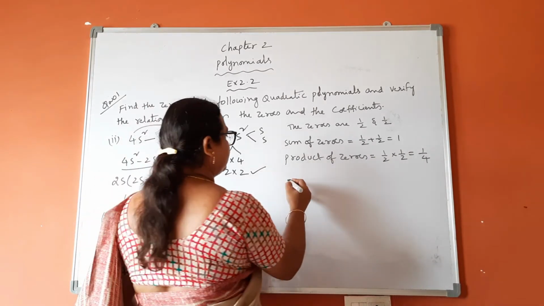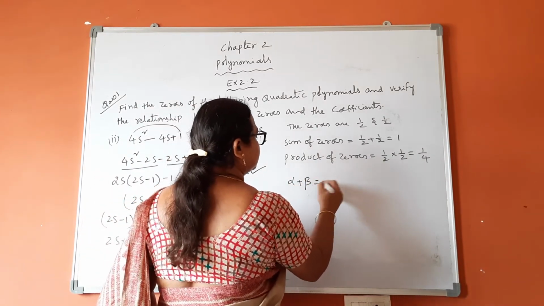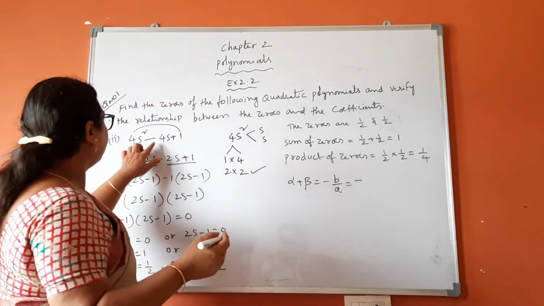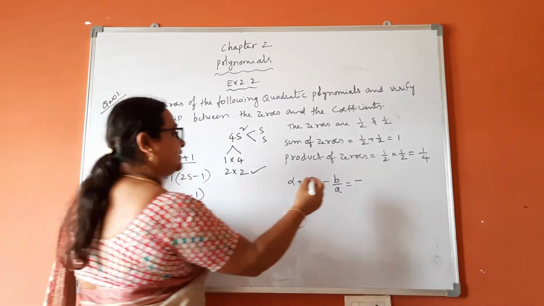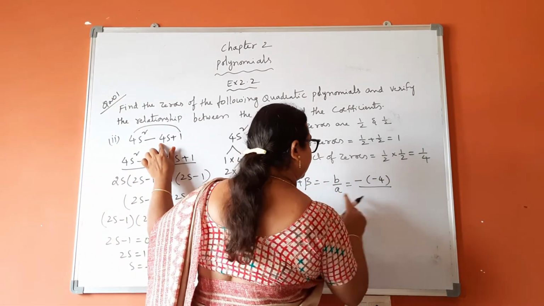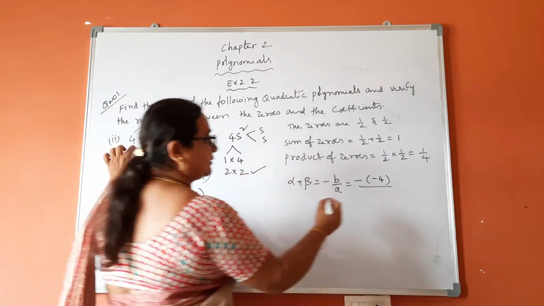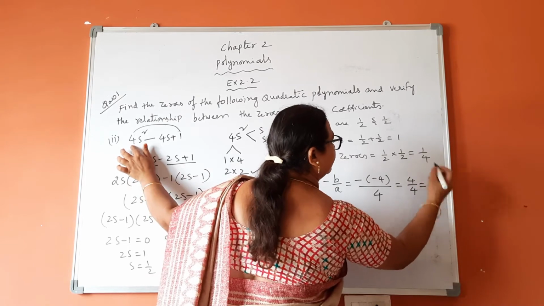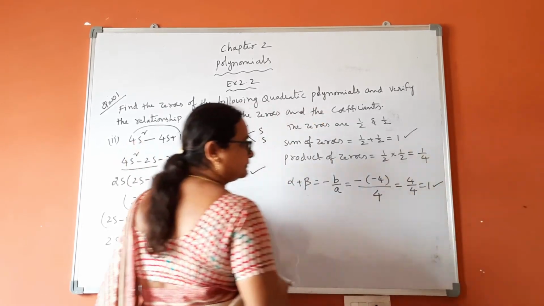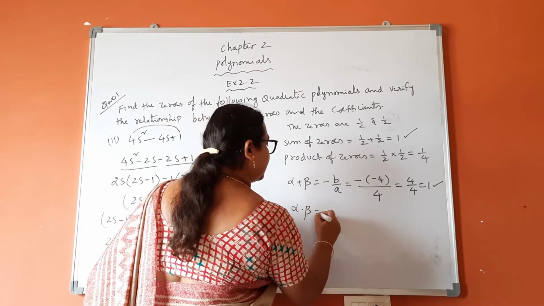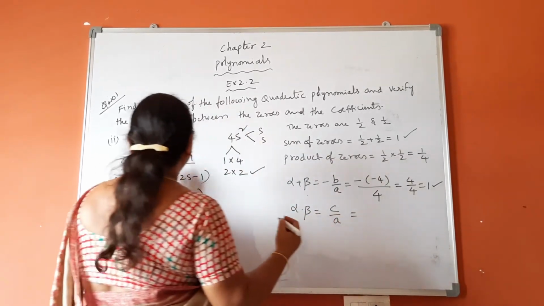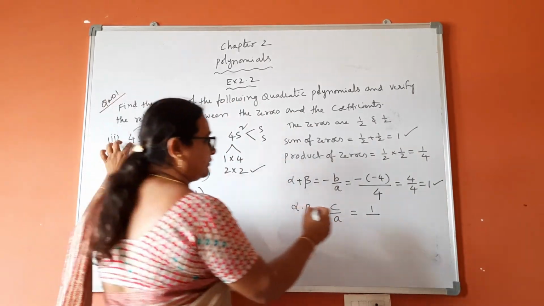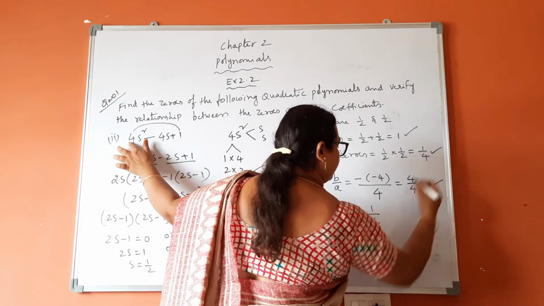Now we use the formula alpha plus beta is equal to minus b by a, that is minus b, coefficient of s, so minus of minus 4 by a, coefficient of s square, that is 4, minus of minus plus 4 by 4, that is 1. Then alpha into beta is equal to c by a. C, constant term 1, by a, coefficient of s square 4. 1 by 4.